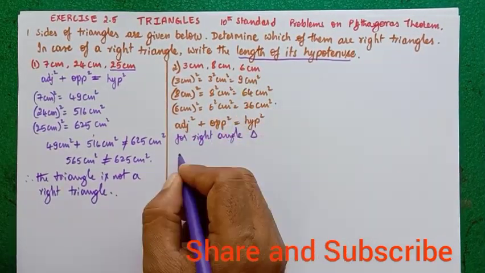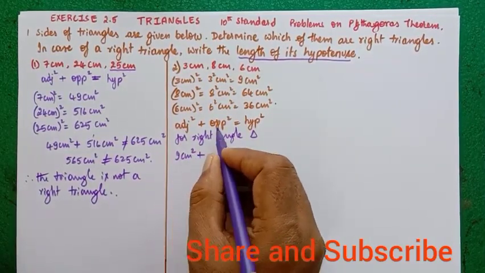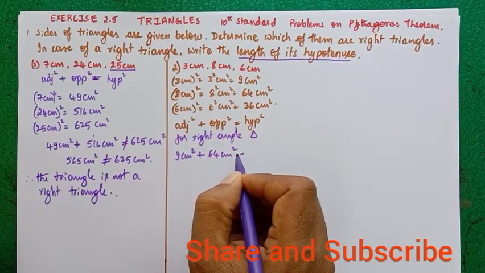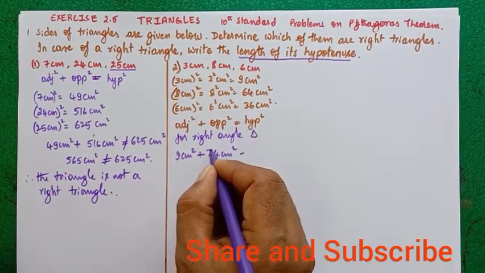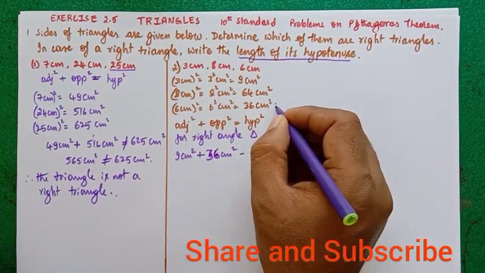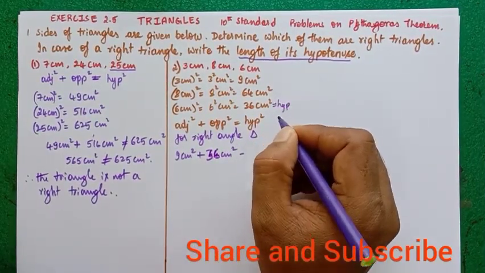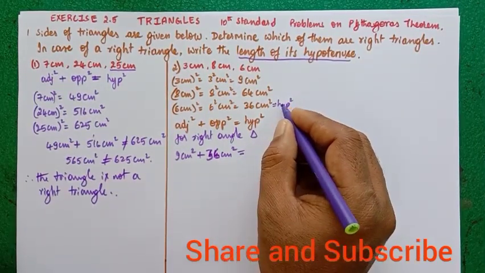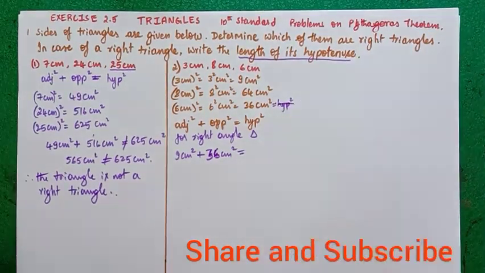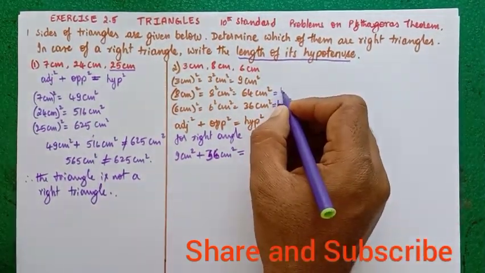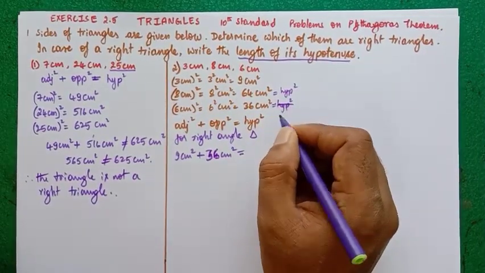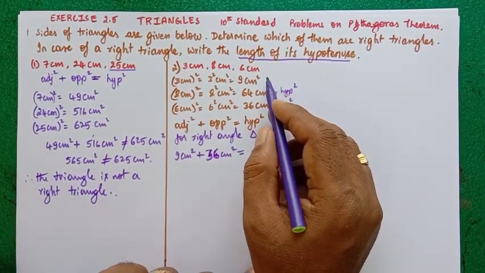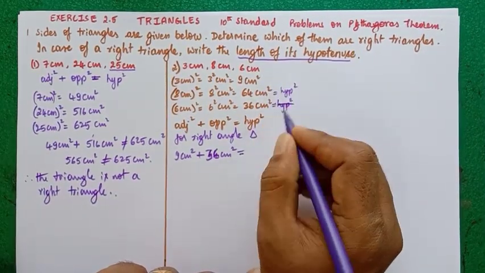Adjacent means here 9 centimeter square plus opposite means 64 centimeter square. So now let it be 36 centimeter square. The longest side must be hypotenuse. Let this be hypotenuse square. No, this is not done. This one is hypotenuse square. Let us assume that these two can be interchanged. Why?